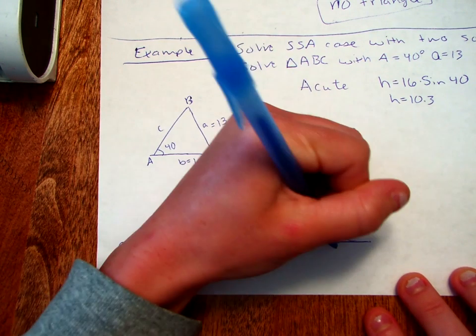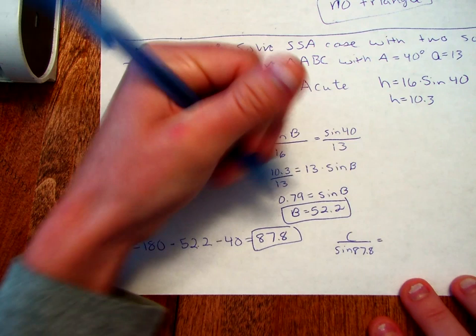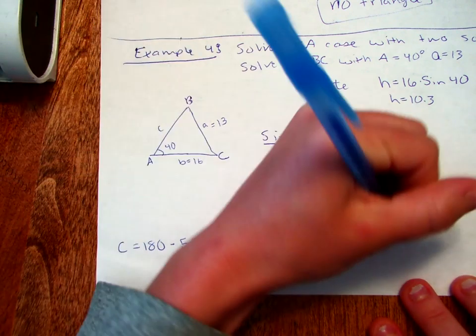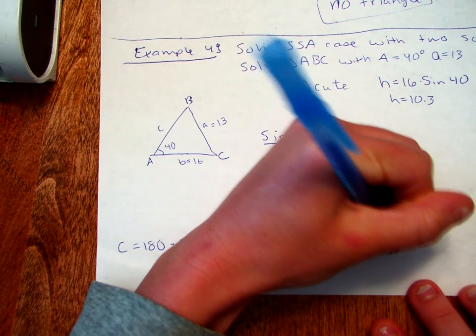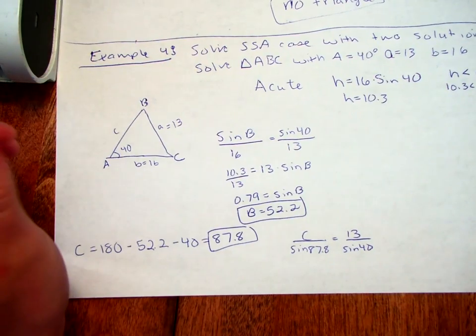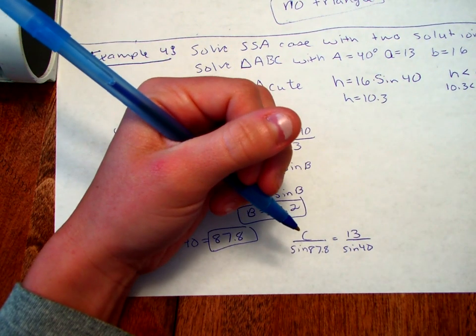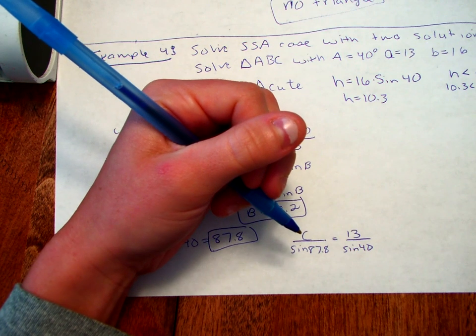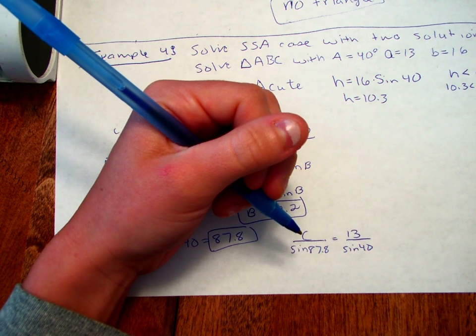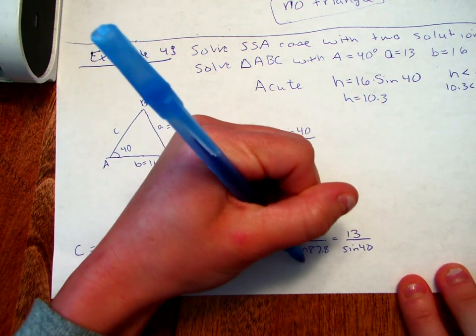So side C goes on top, sine of 87.8 on the bottom. Then 13 goes on top and sine of 40 goes on the bottom. Cross multiply there. So sine of 87.8 times 13 is 12.9.